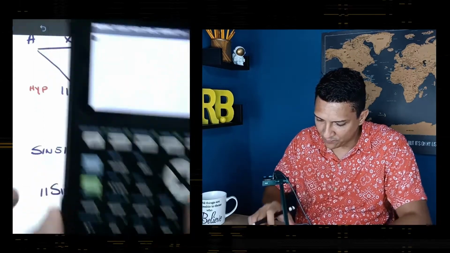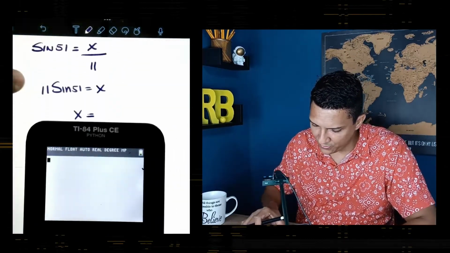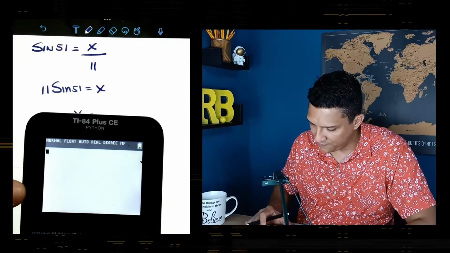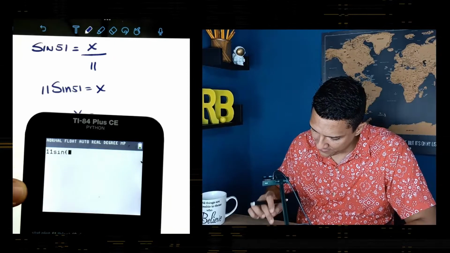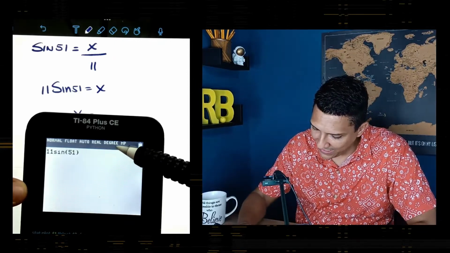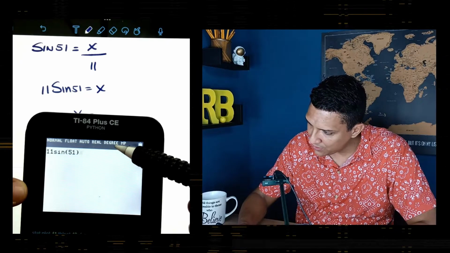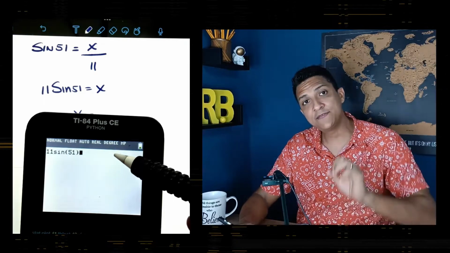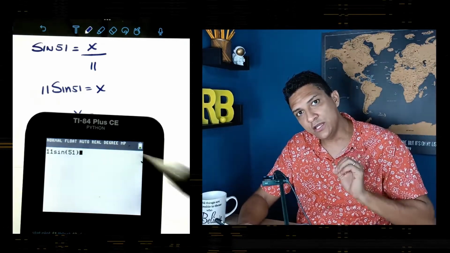So let's see what I need to input. I need to input 11 times sine of 51. You need to be careful. The calculator should be in degrees. Notice that mine is in degrees. So you need to check that the calculator is not in radians.